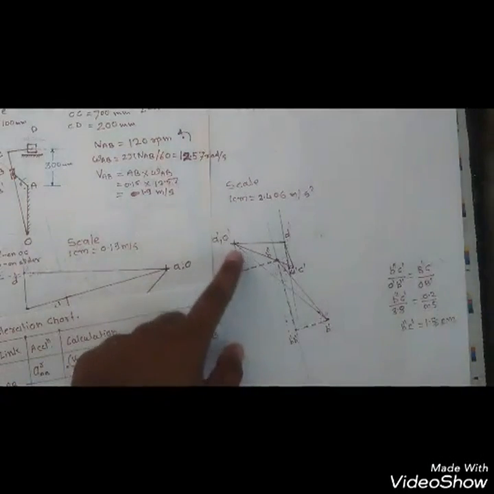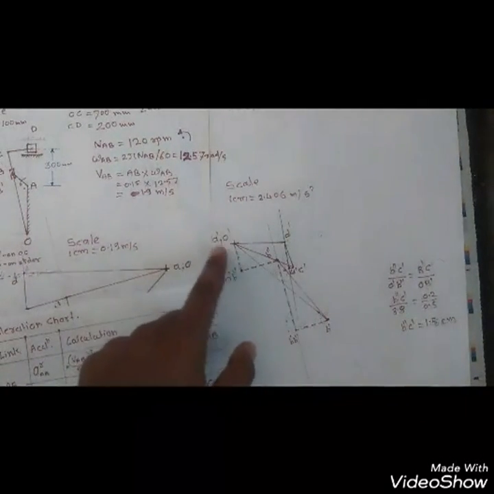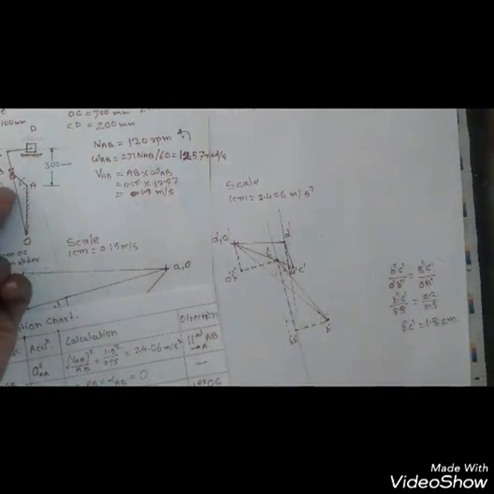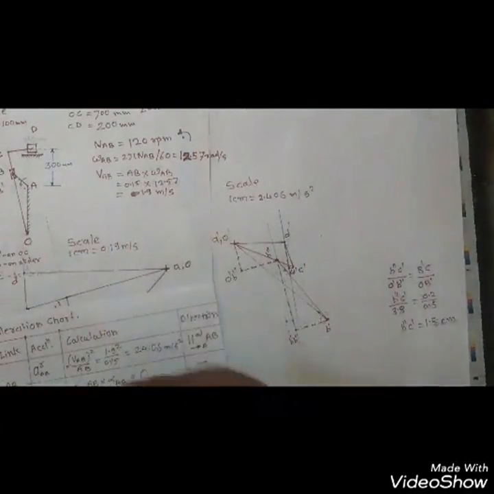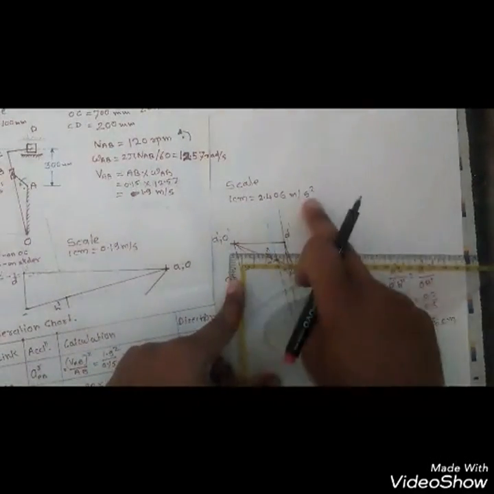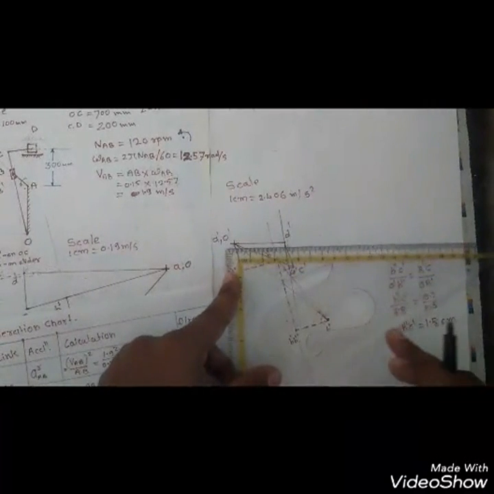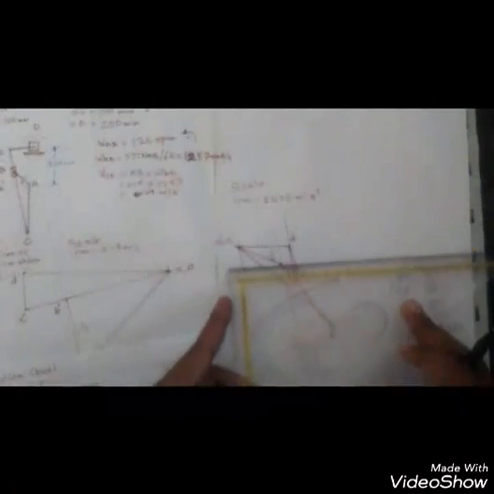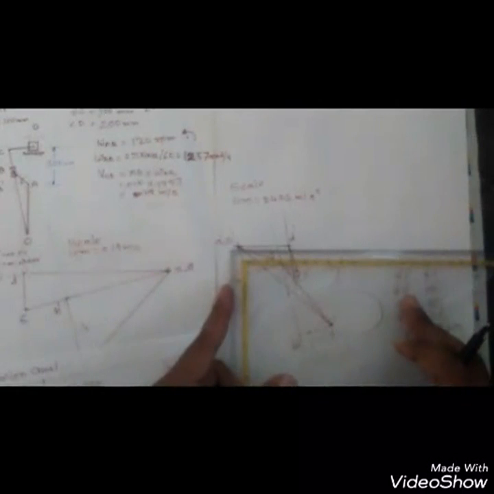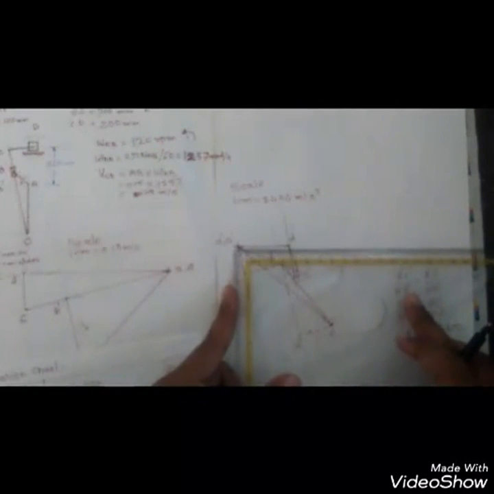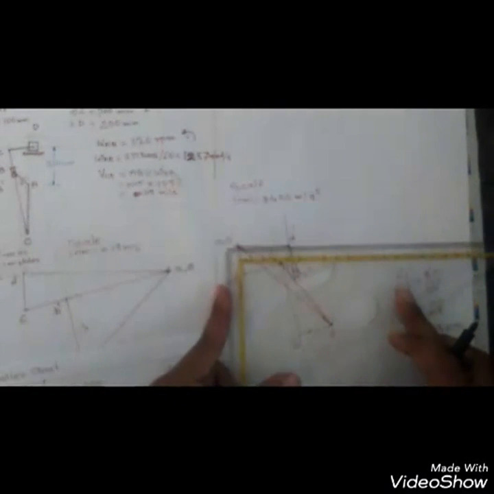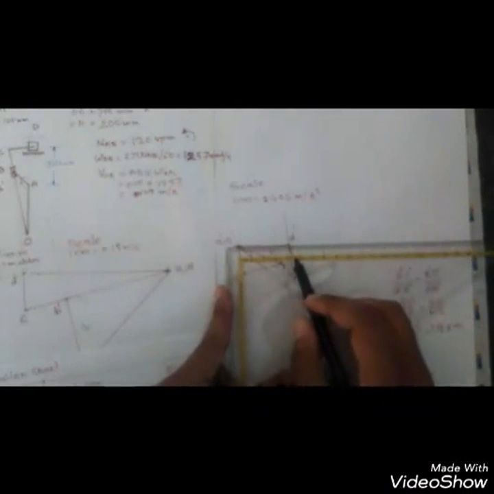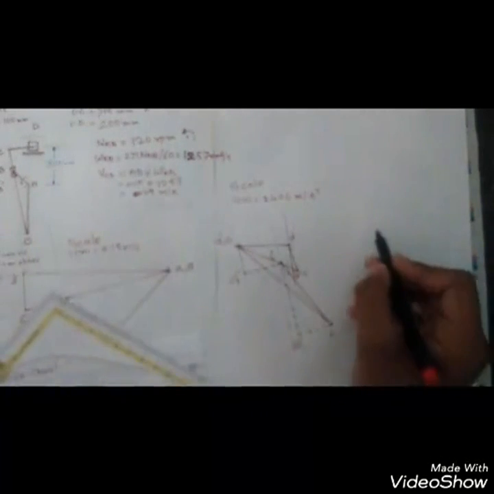Now you can measure the acceleration of any link of the mechanism and convert it with the scale. For example, if you want to measure the acceleration of the slider, you can measure this O dash D distance. Here it is 4.2 centimeter.